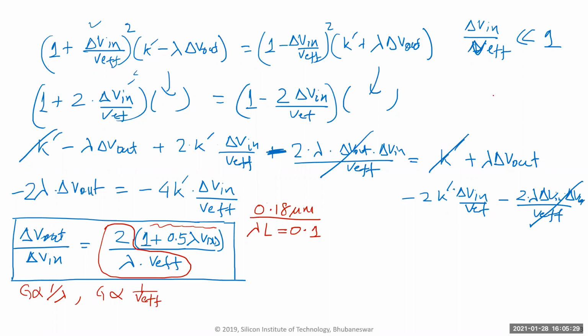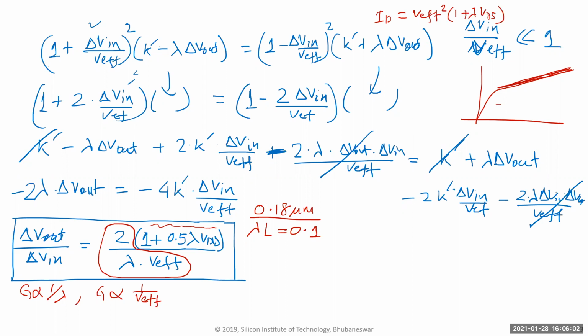In terms of the ID versus VDS curve, you see this slope? This is what your lambda is telling you. If this slope is very high, that means your lambda is high. ID is proportional to V effective squared times (1 plus lambda VDS).